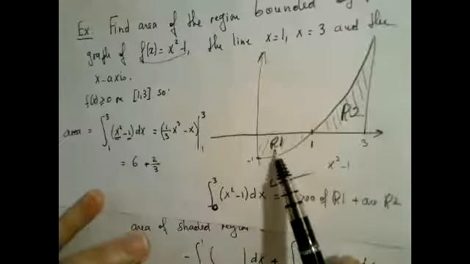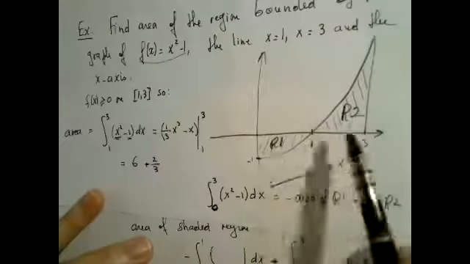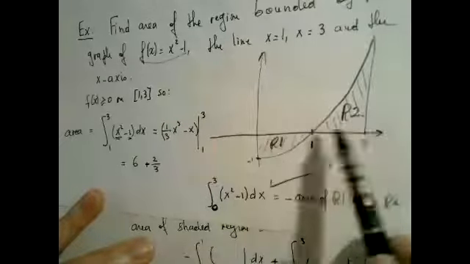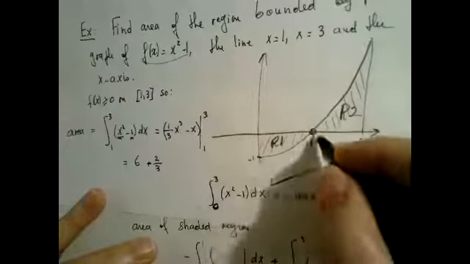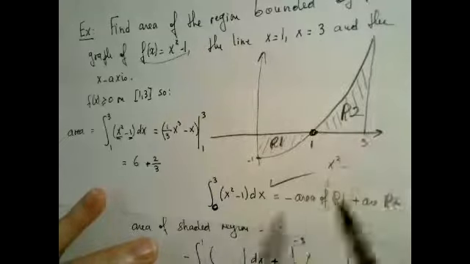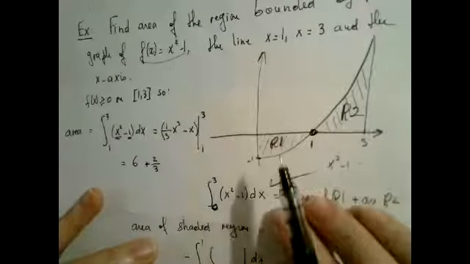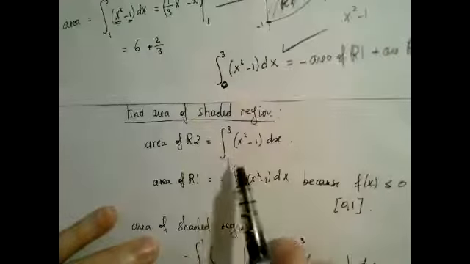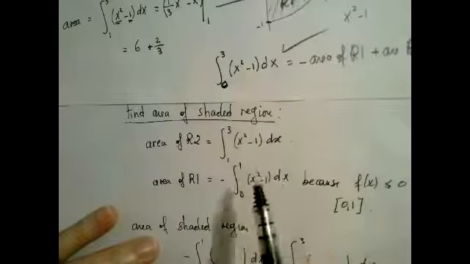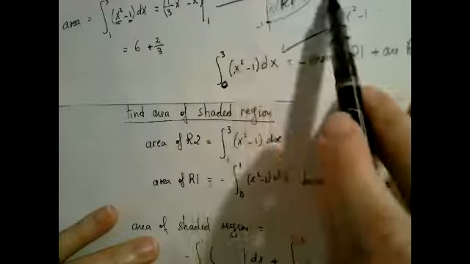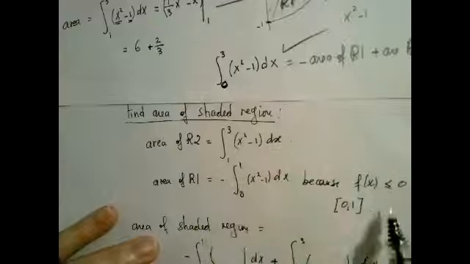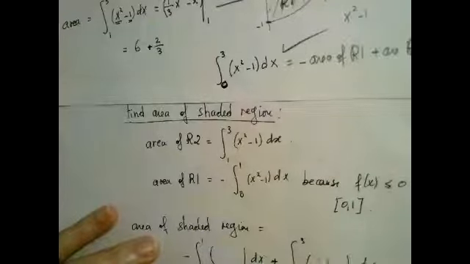It gives me minus the area of R1 plus the area of R2. If I want the area here, I definitely have to split my integral. From 1 to 3, it's the regular integral, x squared minus 1 dx. Between 0 and 1, I have to take minus the integral because the function is negative.